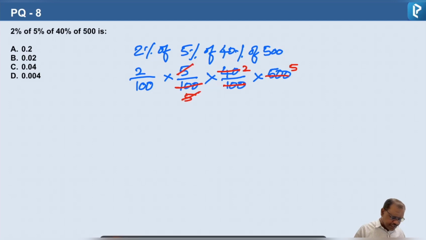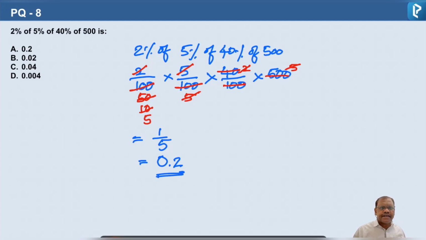What is remaining? 1 by 5. That is nothing but 0.2. A is the right answer.